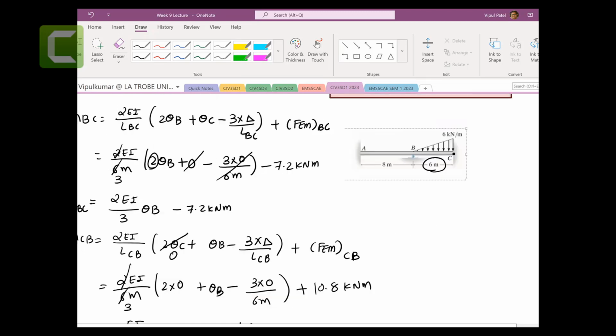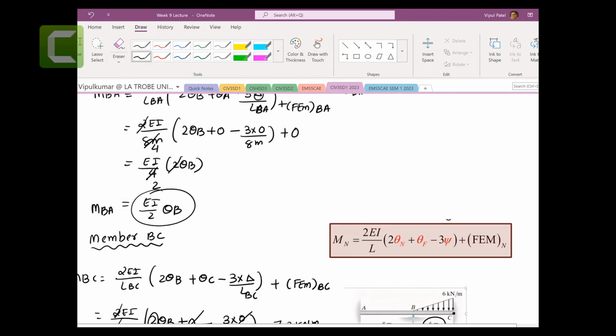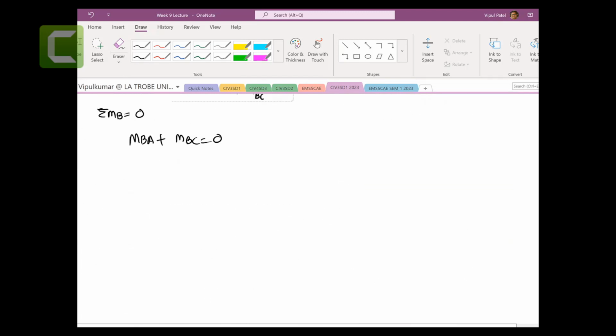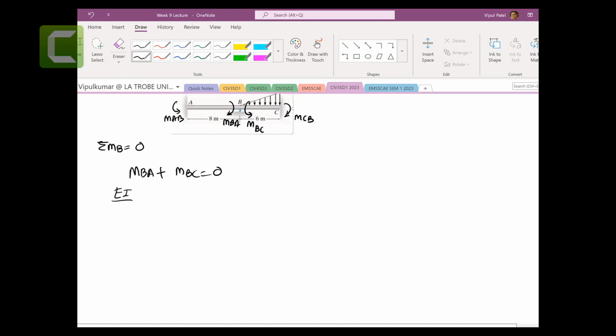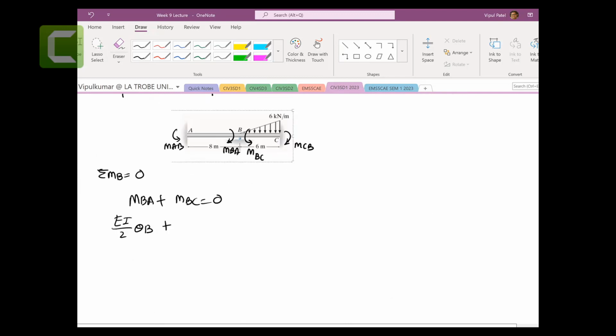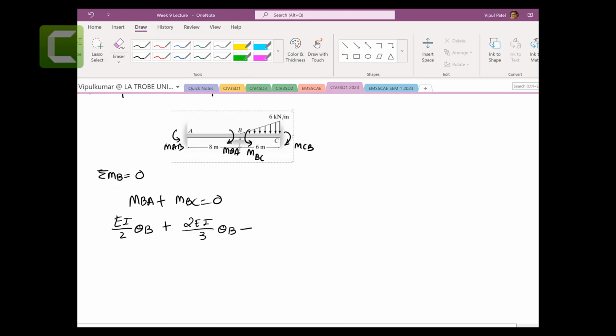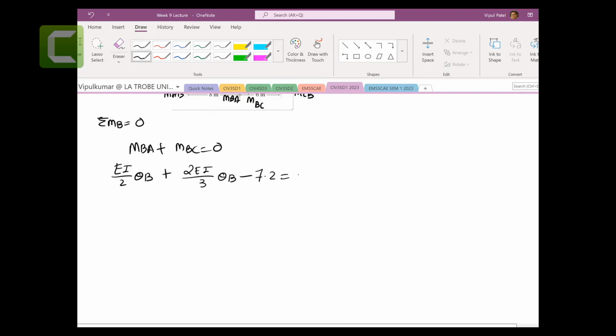So MBA we already calculated. MBA was EI on 2 theta B. Let's substitute that: EI on 2 theta B plus MBC, which we got as 2 EI on 3 theta B, minus 7.2 equal to 0.